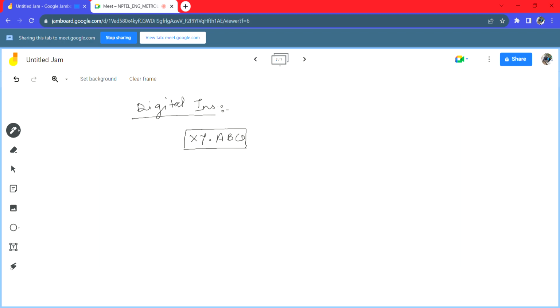So it gives us a direct readout. We don't have to measure the scale, and it does it automatically for us.